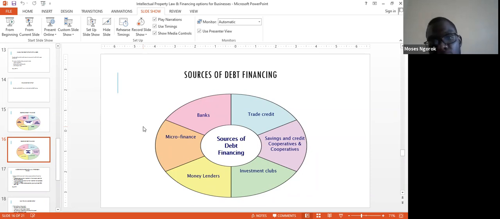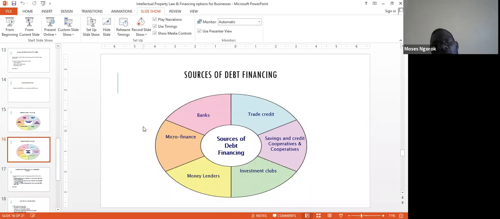The other type of entity that you could borrow from is a savings and credit cooperative. I think many of us are familiar with SACCOs. They work really well in rural areas where people gather money. Monthly, each person makes a contribution, and then this money revolves around the members.